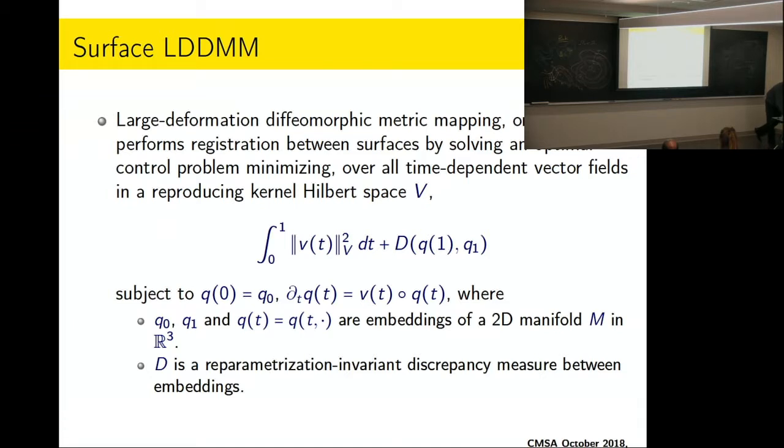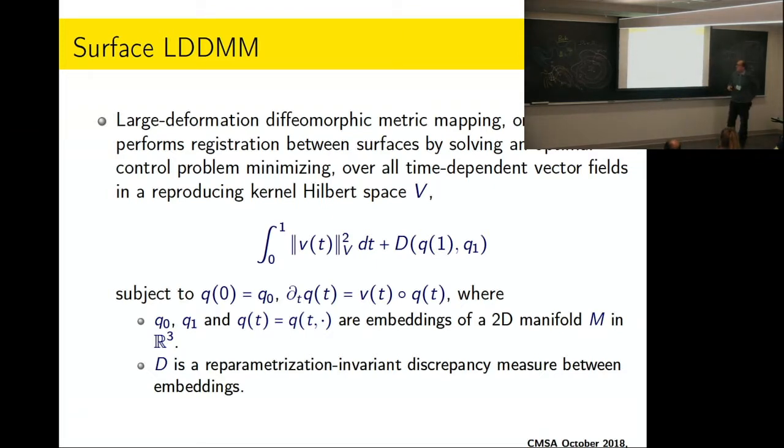I don't want to spend too much time on this algorithm, but what it does is that it deforms an object, not any object, but a wide range of objects, into another one by advecting it with this kind of equation from time 0, the object at time 0, to time 1.